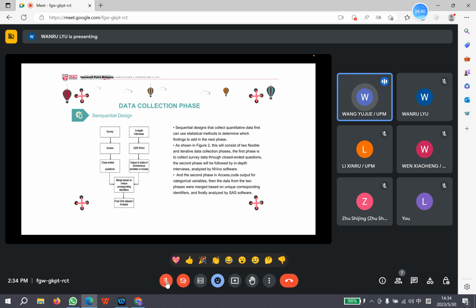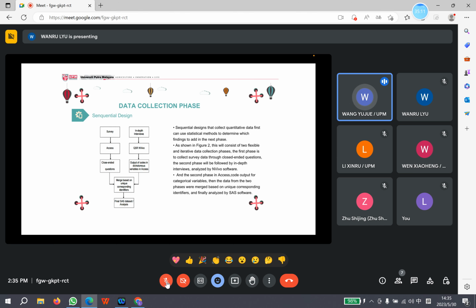And sequential design. In sequential designs that collect quantitative data first, we can use statistical methods to determine which findings to add in the next phase. As shown in Figure 2, this will consist of two flexible and iterative data collection phases. The first phase is to collect survey data through closed-ended questions.